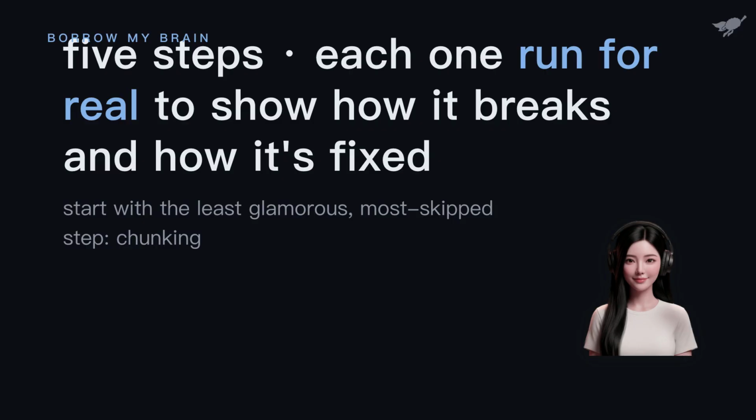Step 1, chunking. It's the least glamorous step, and the one the most people skip. And then they die right here. Why chunk at all? Because you can't treat a whole document as one retrieval unit. That's way too coarse. You've got to cut it into small chunks and embed and retrieve them one chunk at a time. The most intuitive way to chunk. Fixed length.